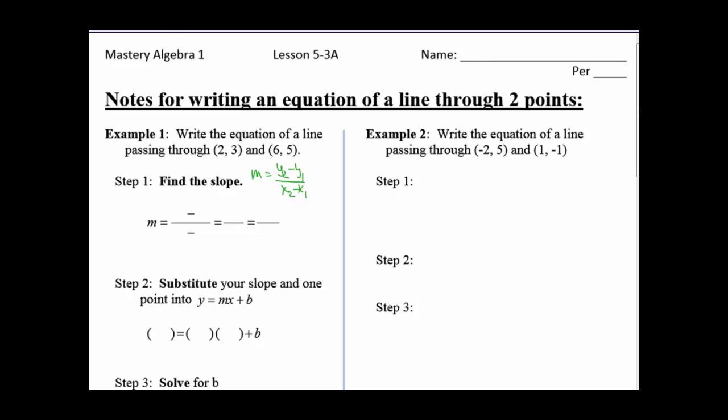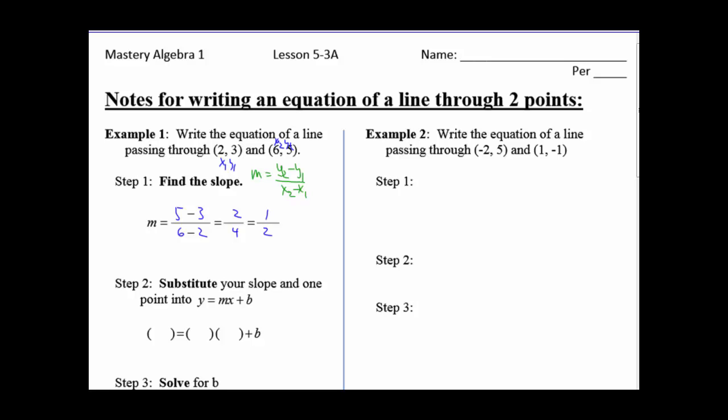So given our points, if we said that (2, 3) was our first point and (6, 5) was our second point, using the formula, we're going to say that 5 minus 3 over 6 minus 2 is equal to 2 over 4. So the change in y is 2, and the change in x is 4. Or we can simplify to 1 over 2, or 1/2.